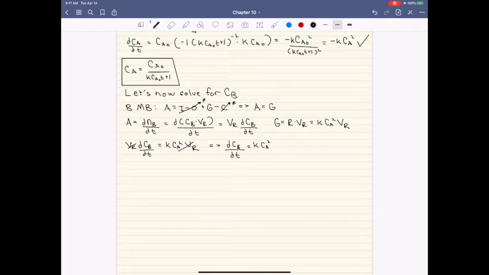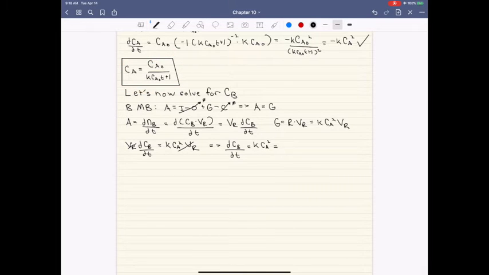Okay? Alright, and so at this point we still have three variables going on. We have CB here, we have time, we also have CA squared. And so to reduce these number of variables, we have to remember that, at least in the first part of this video, we spent it deriving an equation for CA as a function of time. And so what we could do is just rewrite our CA equation by plugging in this equation up here.